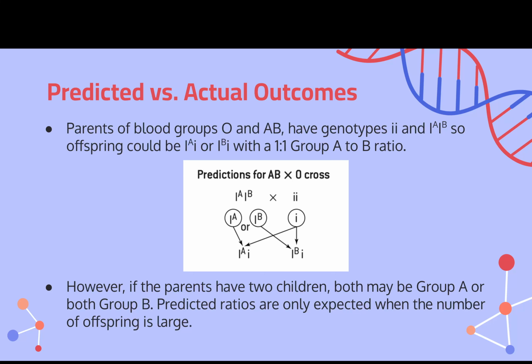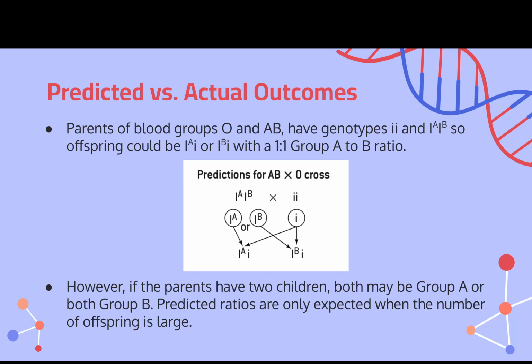So theoretically, if a parent has 2 children, we'll predict that one of the children will be group A, one of the children will be group B. However, in actuality, both of those children could have group A and both could have group B. It doesn't have to be that each one has one of the groups, because predicted ratios are only expected when the number of offspring is large.